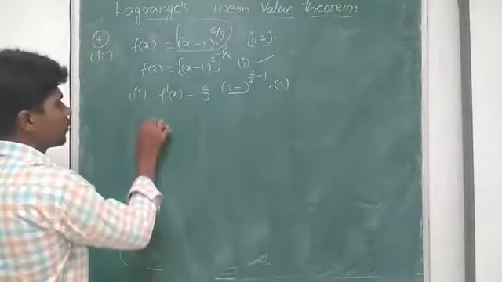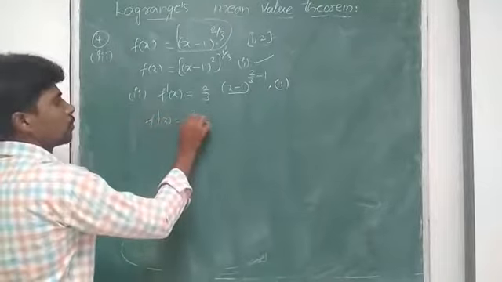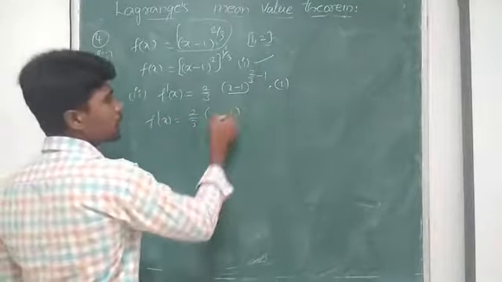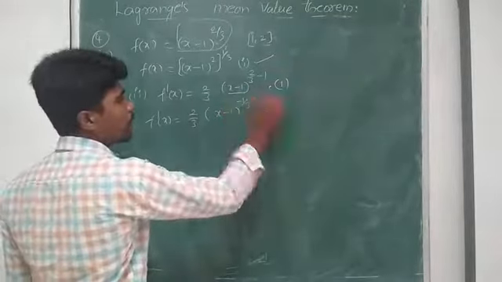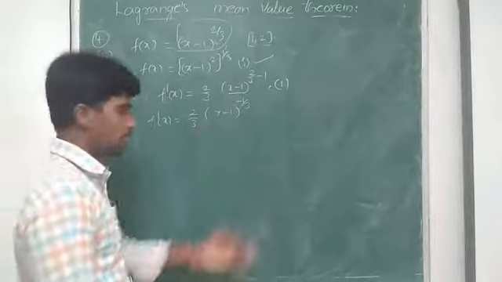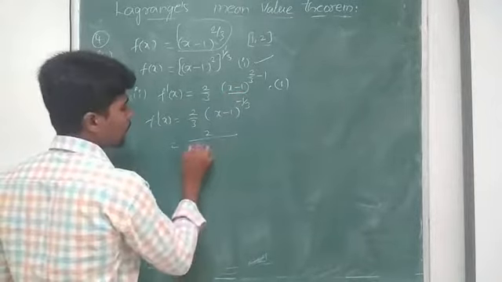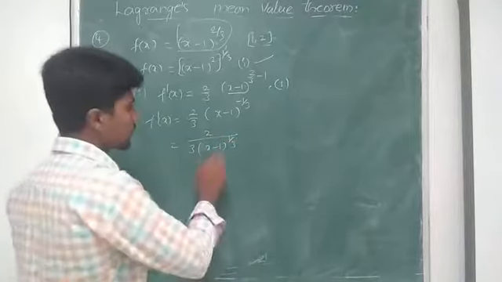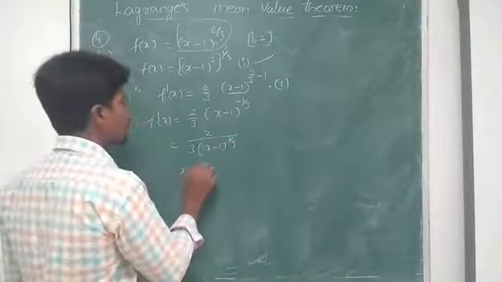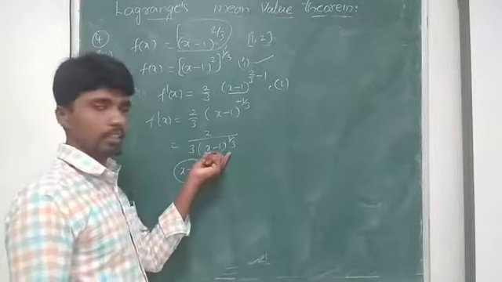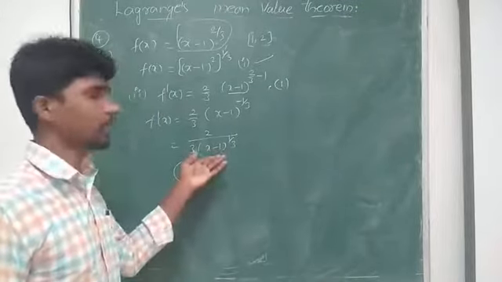So f dash of x is equal to 2 by 3 into x minus 1 to the power of minus 1 by 3. This x minus 1 power minus 1 by 3 comes in the denominator, 2 by 3 into x minus 1 power 1 by 3. So this is not defined at x equal to 1. If I put x equal to 1, we get the denominator as 0. Something by 0 is not defined.